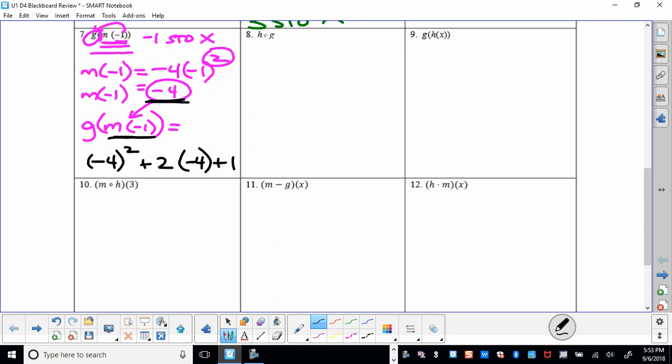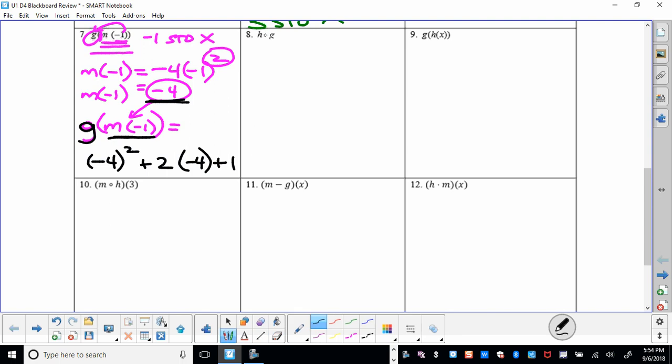So what I wrote out here is just G. If you look up at G, you'll see that's x squared plus 2x plus 1, okay? I just replaced the x's. So now you just simplify it.